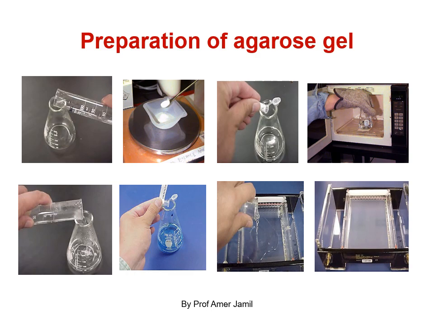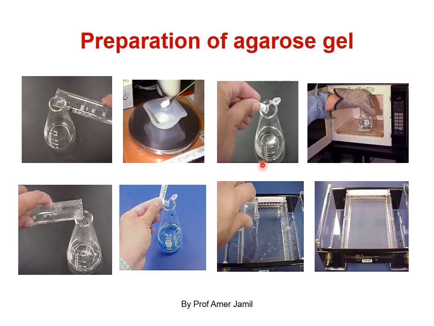It is in powder form, and you weigh a certain amount of agarose and add it to a buffer, and you microwave it. After you microwave it, you pour it inside the gel tank and you place the comb inside it.